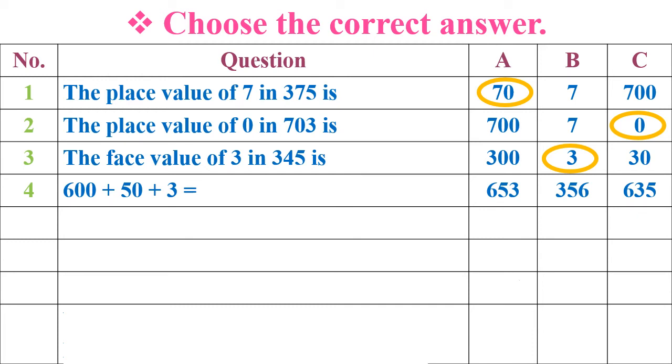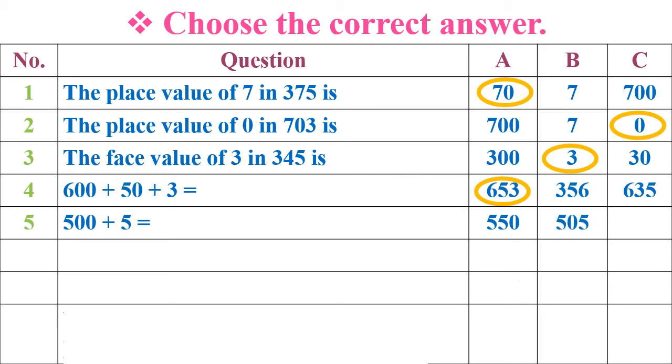So you see in 635, in the place of tens it's a 3, and in 653, in the place of tens it's a 5. So our correct answer is 653.